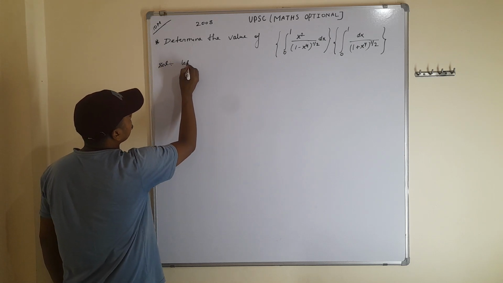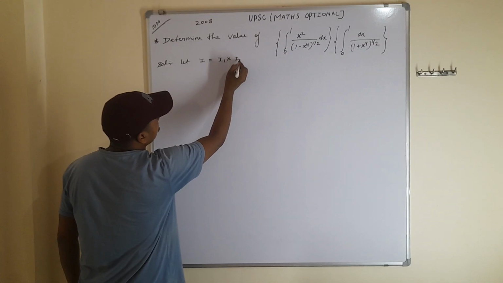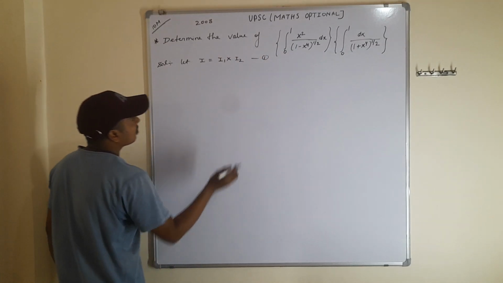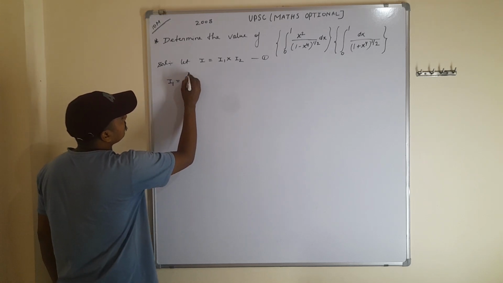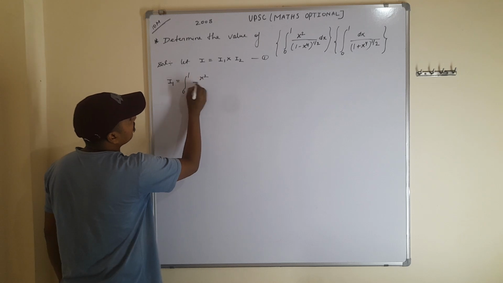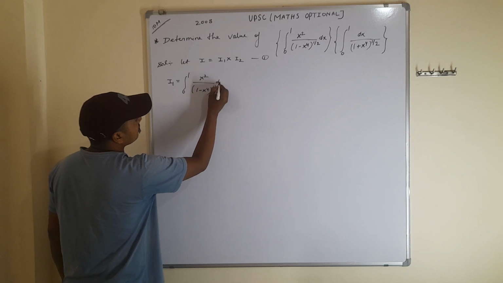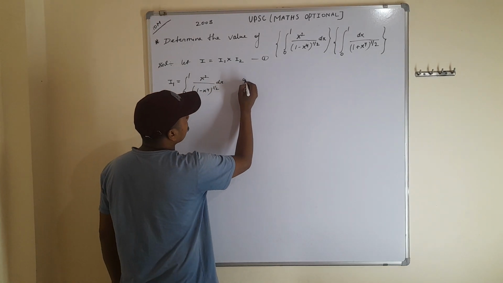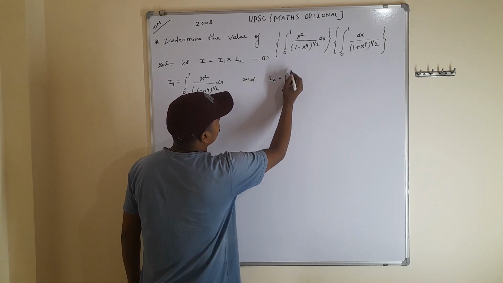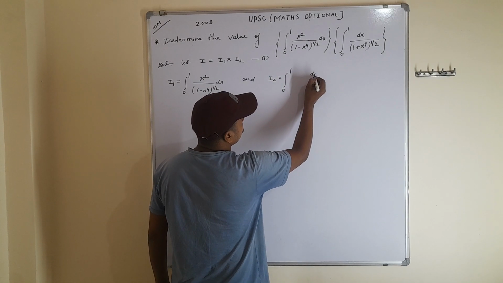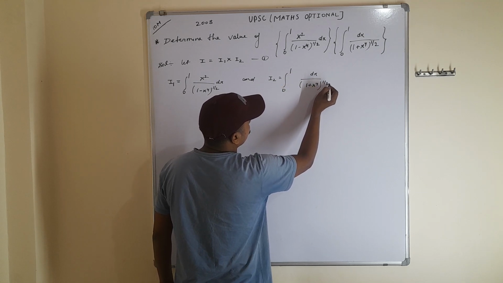Let I be equal to I1 into I2. This is equation 1. Here I1 is equal to the integration from 0 to 1 of x squared upon (1 minus x to the power 4) to the power 1 by 2 dx, and I2 is equal to the integration from 0 to 1 of dx upon (1 plus x to the power 4) to the power 1 by 2.